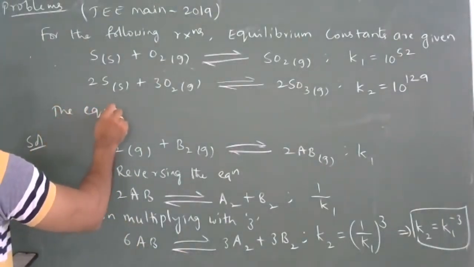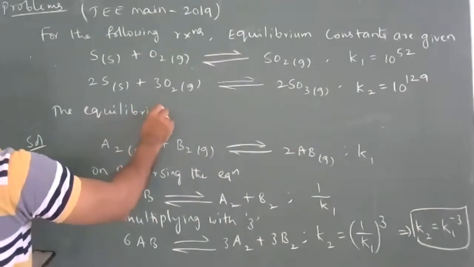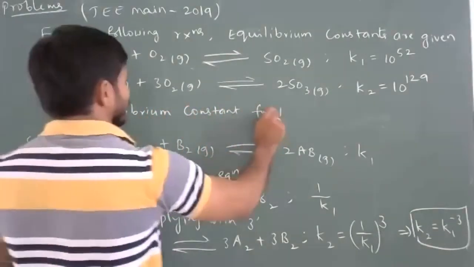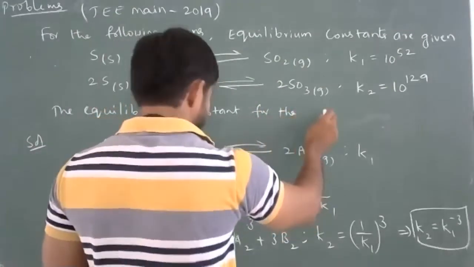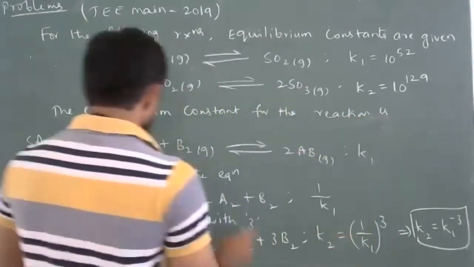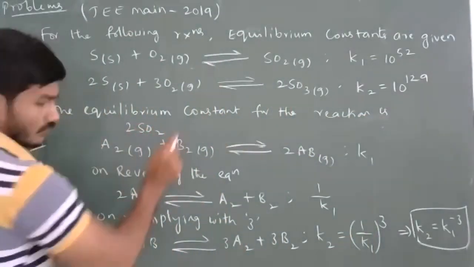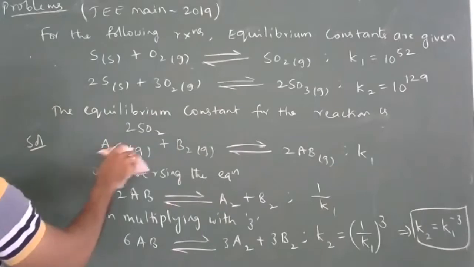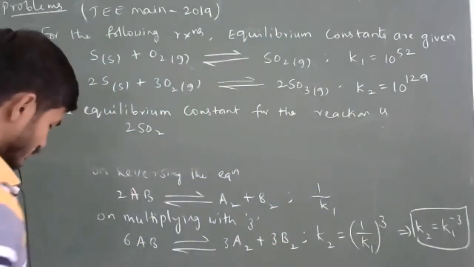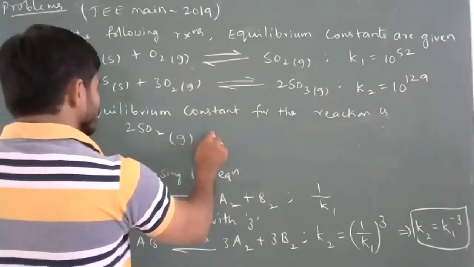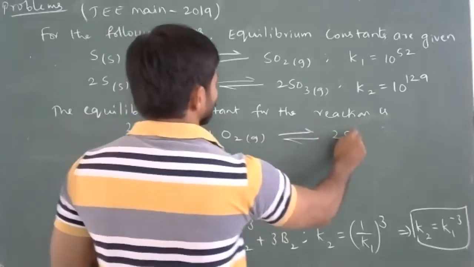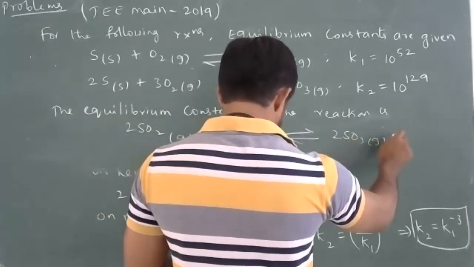The equilibrium constant for the reaction 2SO2 gas plus O2 gas gives rise to 2SO3 gas, we have to find out.